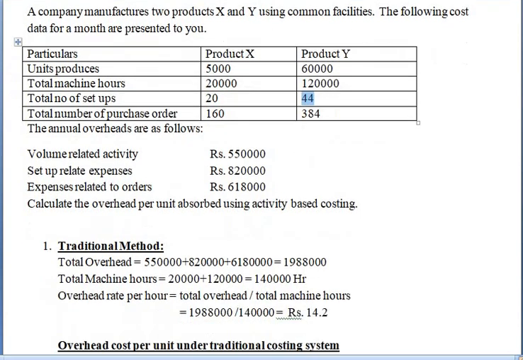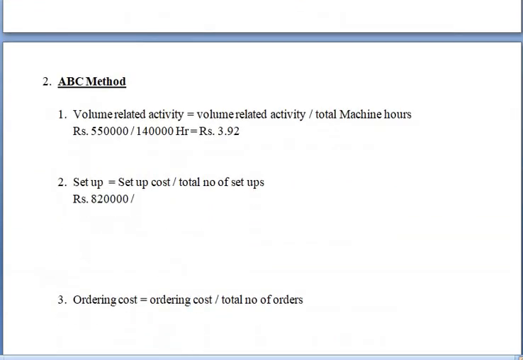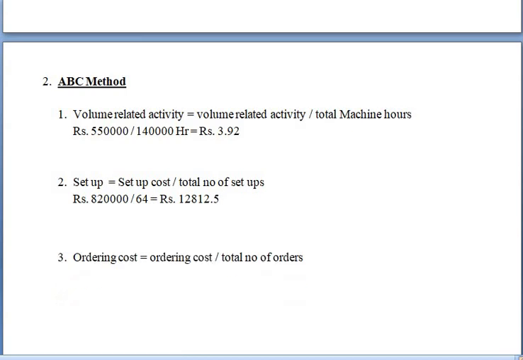So 20 plus 44, 64. Now per setup will be 8,20,000 divided by 64. So per setup will be 12,812.5 rupees. This is the setup cost per setup.